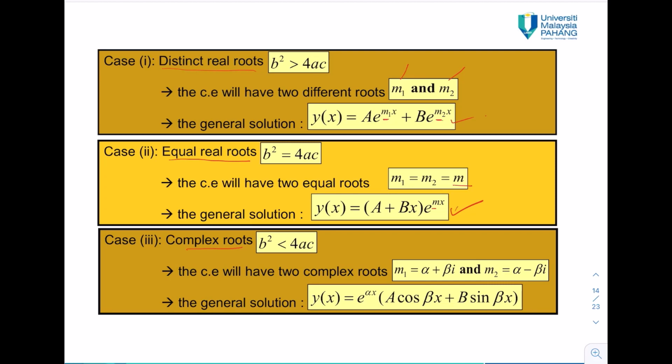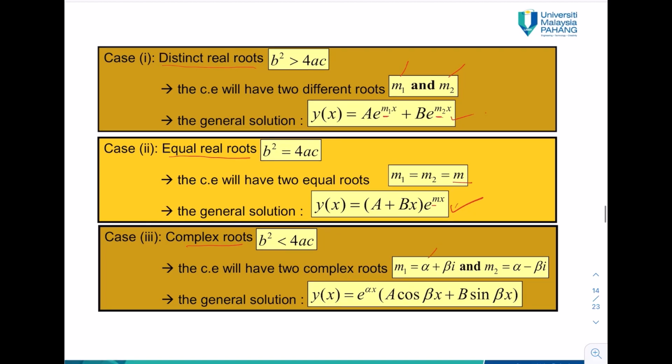The roots will be complex, where alpha is a real number and beta is the imaginary part. In this case we will have m equals alpha plus minus beta i.